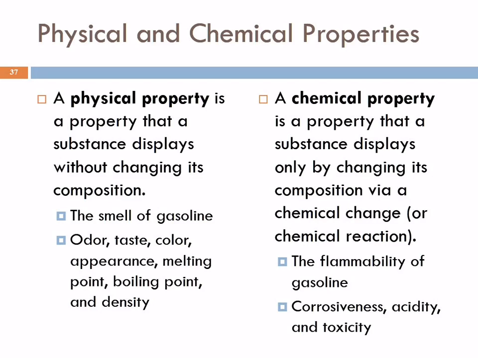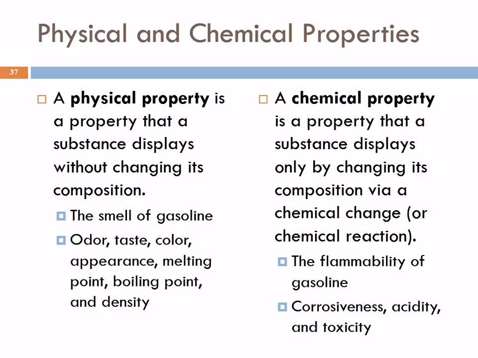We also have properties. So we just talked about physical and chemical changes. Now we're going to talk about physical and chemical properties. A physical property is a property that is displayed or observed without changing the composition of the substance. So the smell of gasoline is an example. The mass of my Sharpie marker.